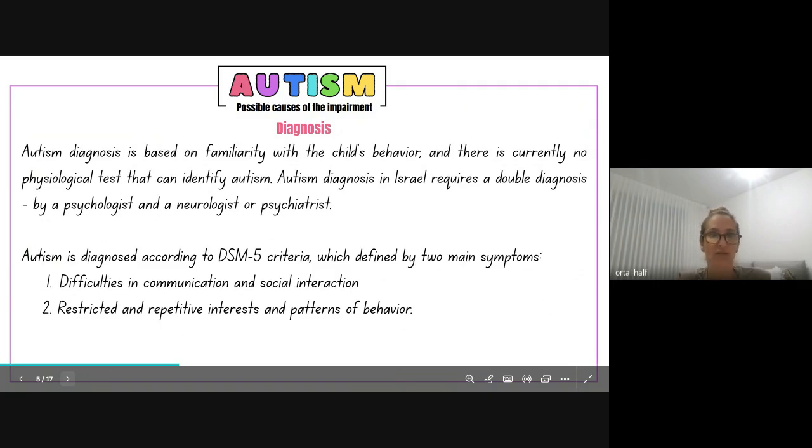One, difficulties in communication and social interaction. Second, restricted and repetitive interests and patterns of behavior. In addition, a diagnosis of autism should include a determination of the child's level of cognitive, developmental, language skills, and daily function abilities.